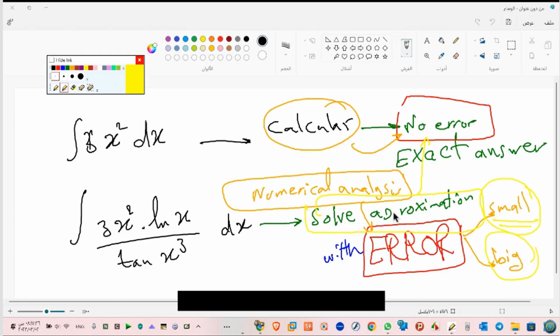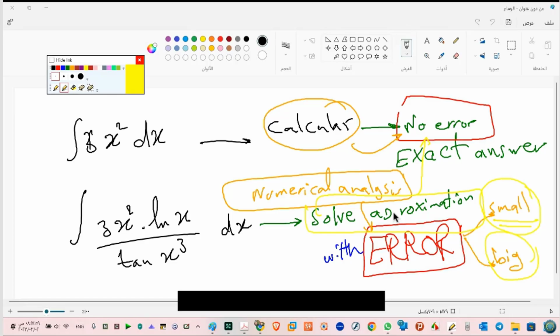So this is the basic about numerical analysis. Why do I need numerical? Numerical is a course to solve some examples with error. I need to make this error as small as possible, and the answer will be near to the exact answer from calculus.